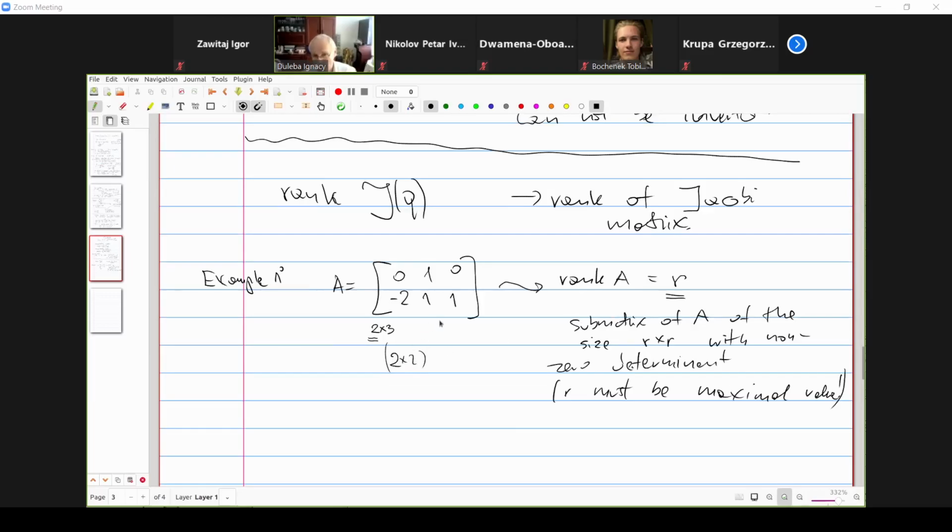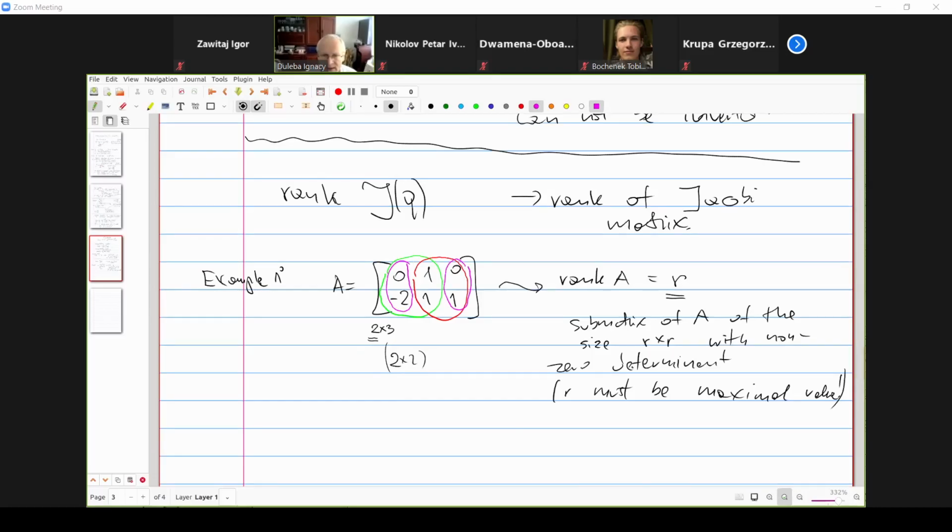So what we need to do, we need to check whether there exists such a 2 by 2 matrix with non-zero determinant. Please notice that I have a lot of choices. I can select, for example, this submatrix, but also I can select such a submatrix.